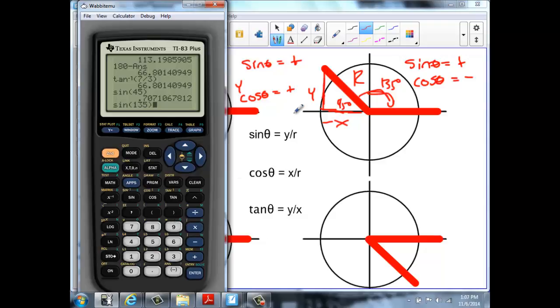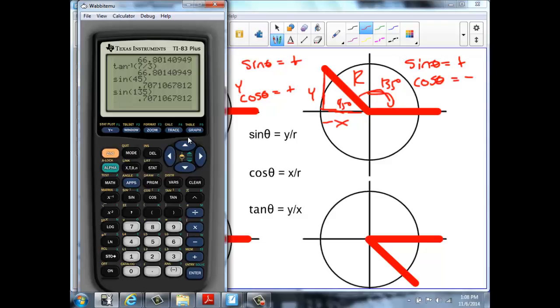Sine of 135 involves this y value over the radius, but both of them are still positive. If I press enter, I get the exact same answer. Does that make sense at all? Mm-hmm. When you do this, are you in degrees or radians though? Sine of 45 and sine of 135?